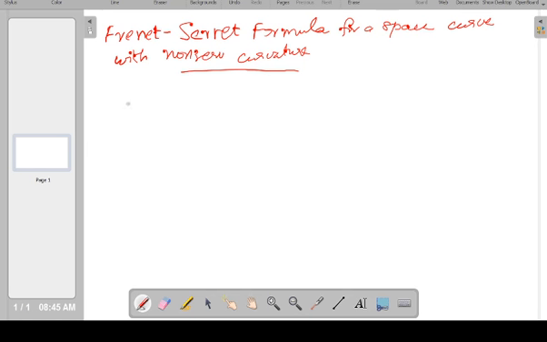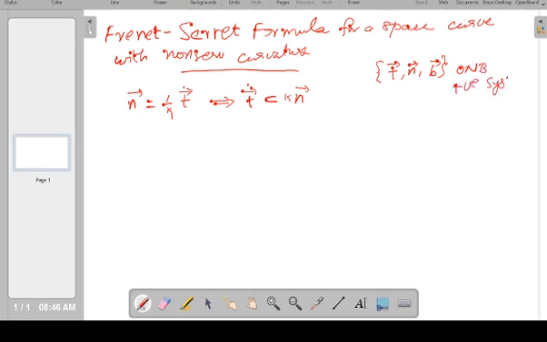We know that n is equal to 1 upon kappa T dot, so that T dot equals kappa n. We have the orthonormal system T, n and B. This is an orthonormal basis and it's a positive system. What is meant by positive system?